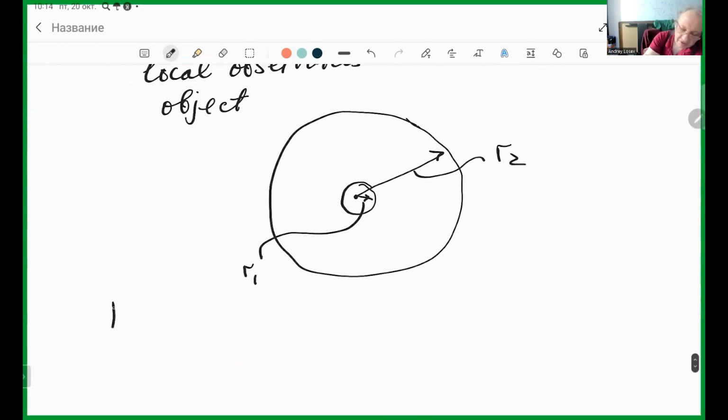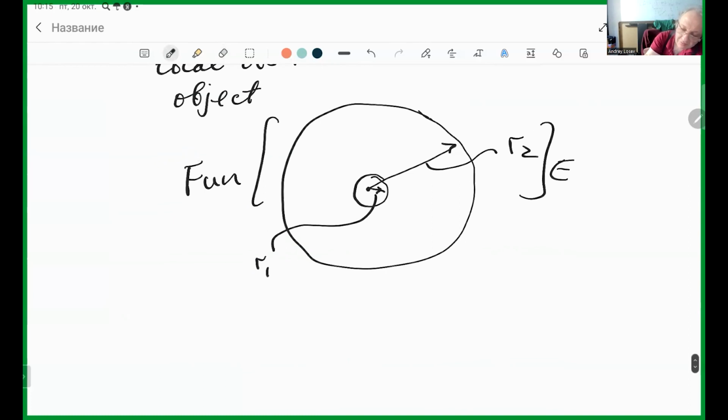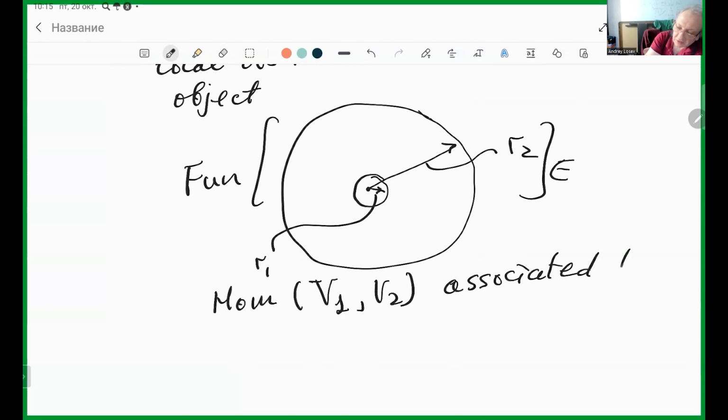So the main object is the functor applied to this thing, which belongs to the homomorphisms between vector spaces V1 and V2 associated to spheres of radii R1 and R2 respectively.